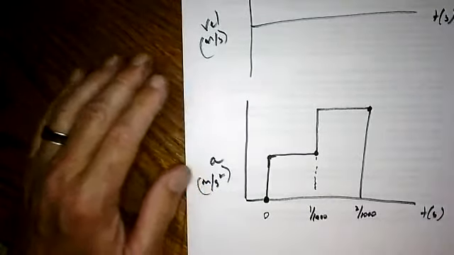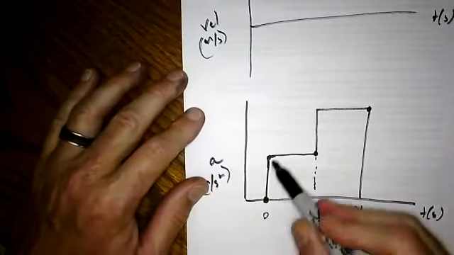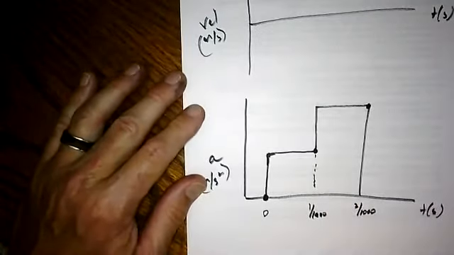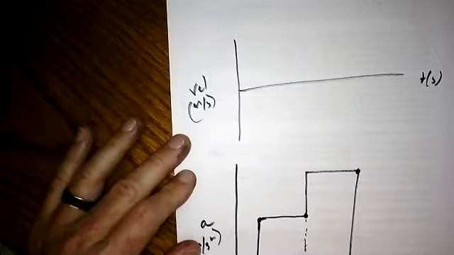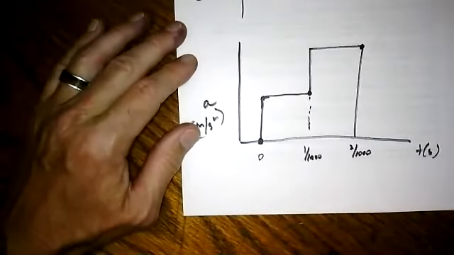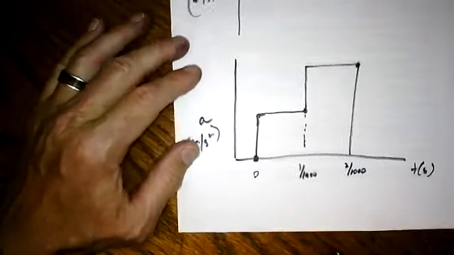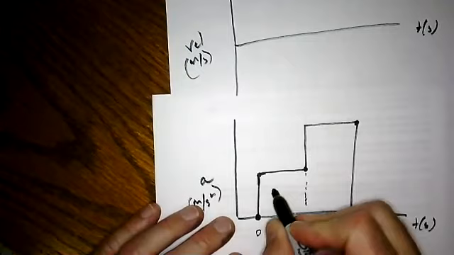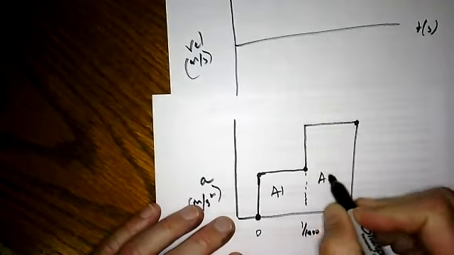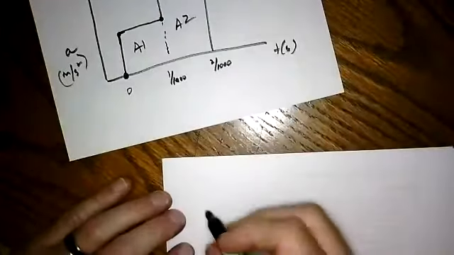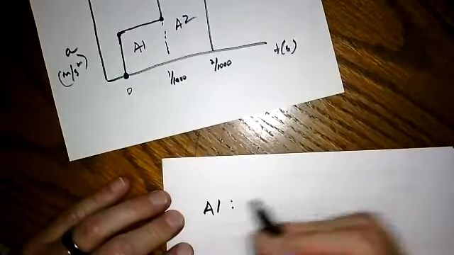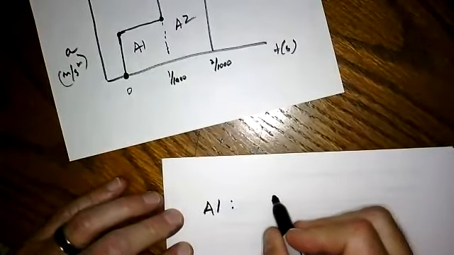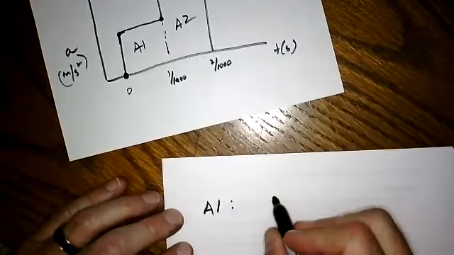All right, now I'm going to calculate the area under this entire curve and then see what happens to the data up here. So we're going to do area 1 and area 2. Area 1 we calculate as base times height.